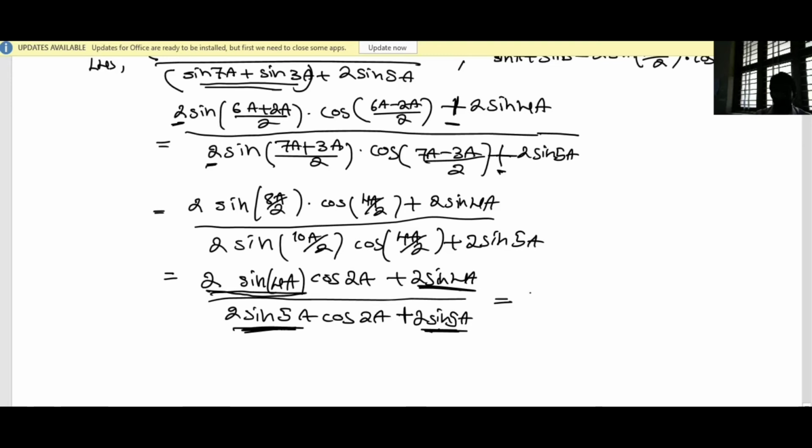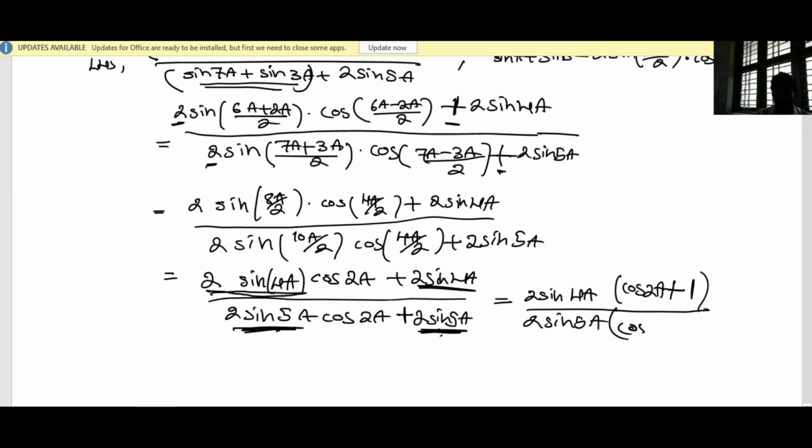So it's equal to, from the numerator 2 sin 4A you are taking outside, the remaining sum is cos 2A plus 1, right? Divided by, here I am taking 2 sin 5A outside because in the first sum as well as in the second sum, 2 sin 5A is the common term. What's the remaining sum?